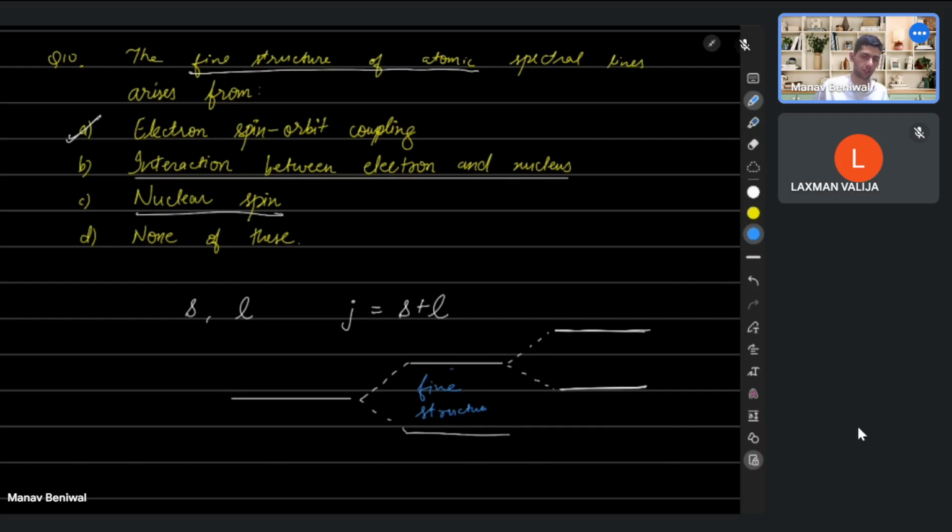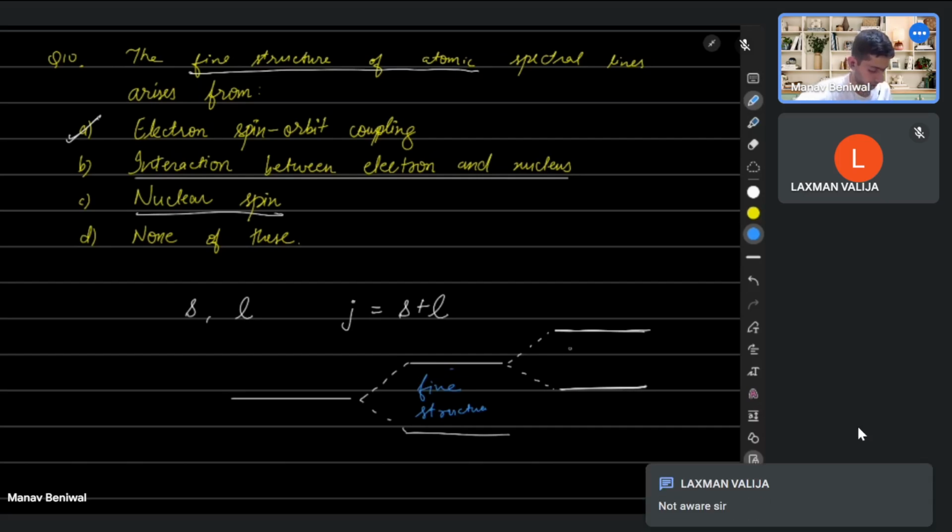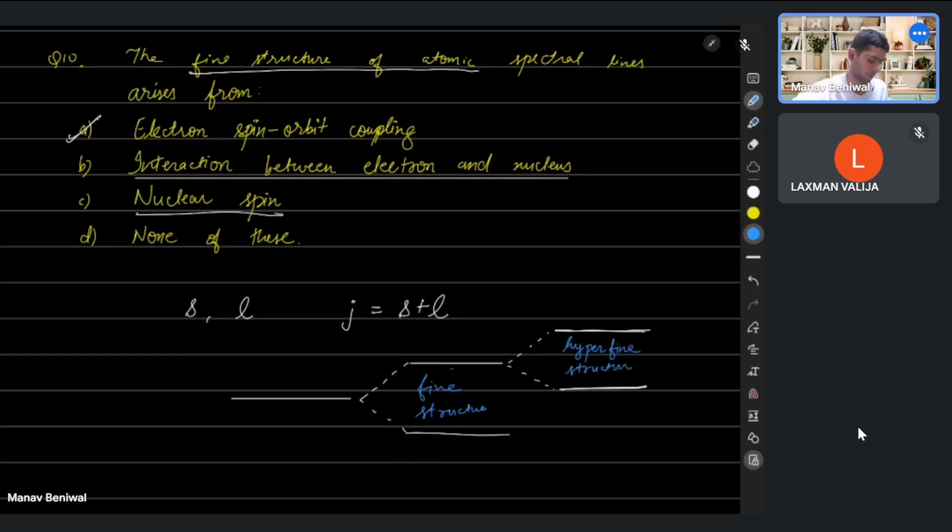It sounds like fine structure, and it was mentioned in the class, but it is not yet discussed. Maybe it will be discussed in the upcoming classes. This further splitting of fine structure is known as hyperfine structure.